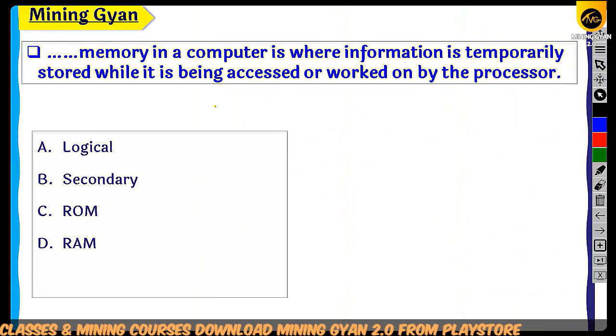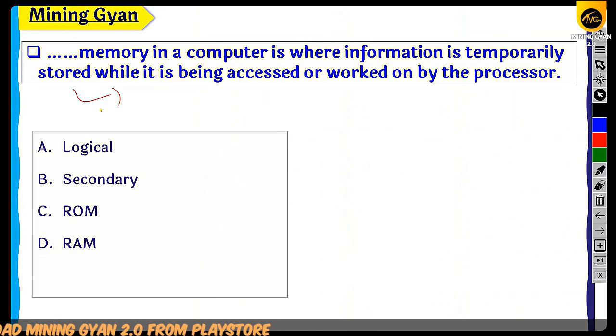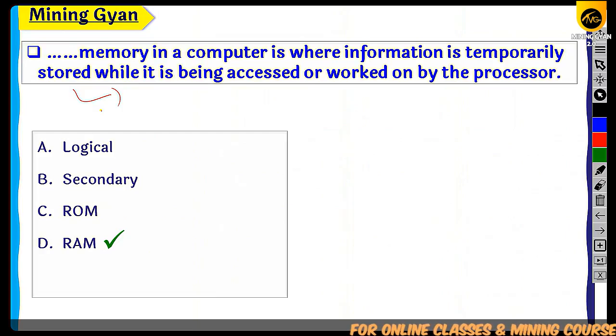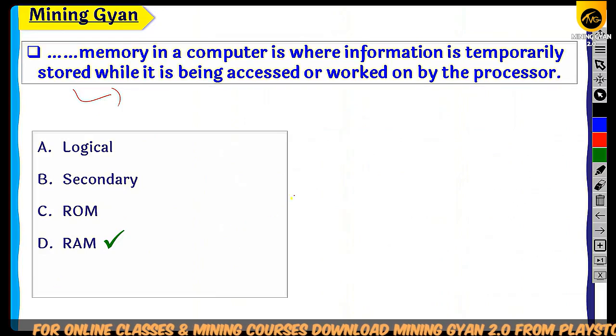Whenever data has to be accessed, it is temporarily stored there. So RAM is the kind of memory which can be used to store data when any kind of data is being processed or accessed by the processor. Random access memory is the memory, so option D is the correct answer. It is RAM. Is it clear?